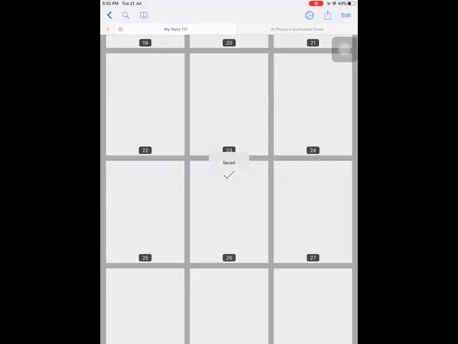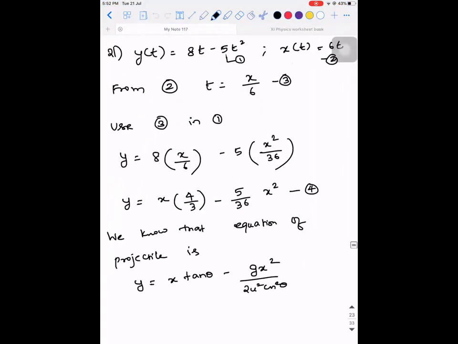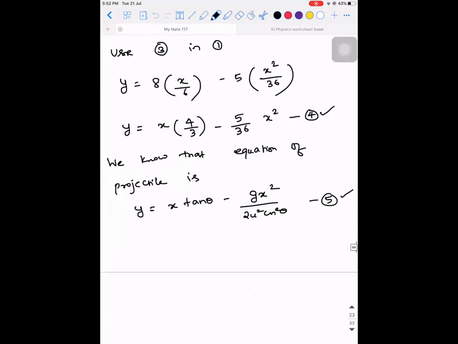Now what you can do, you have two equations in your hand. So 4 and 5 represent the same. Since the fourth equation is equal to the fifth equation, what is tan theta equal to? Comparing both, tan theta is 4 by 3.